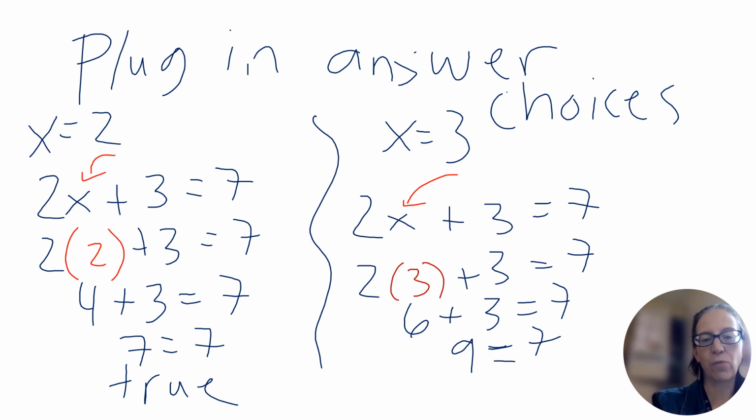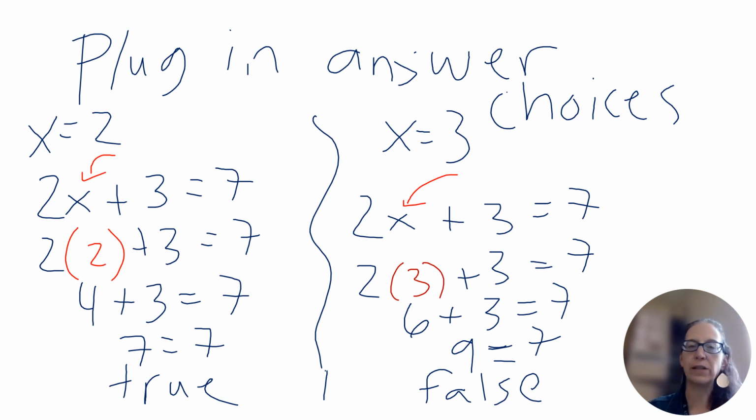And that is what we would call in math a false statement. 9 does not equal 7. And that's how you know that 3 is not an answer choice. So with this strategy, you would cycle through your 4 or your 5 answer choices, and you would plug them in, and you would do just what I did, but you'd do it on Desmos probably, or on a handheld calculator. And you're just looking for that true statement. When you find the true statement, then you know that you found what the solutions are.